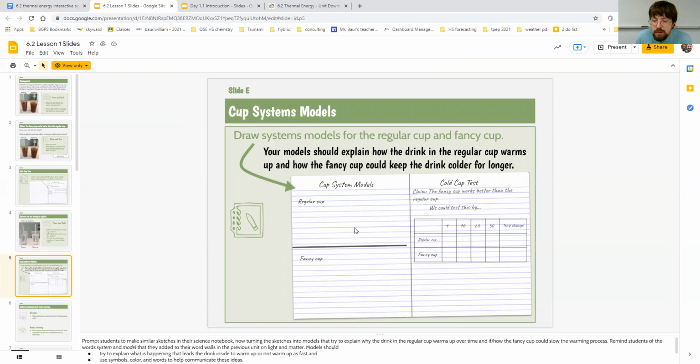All right, in your notebook, I want you to draw a model of your cup system. Draw one regular cup and one fancy cup.